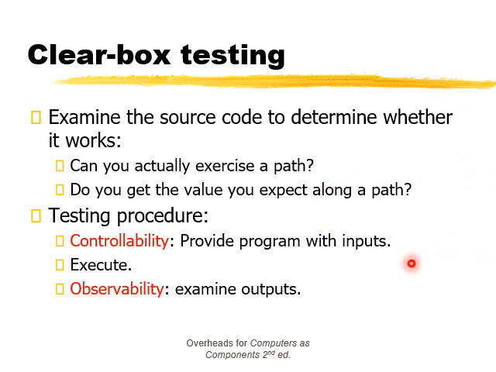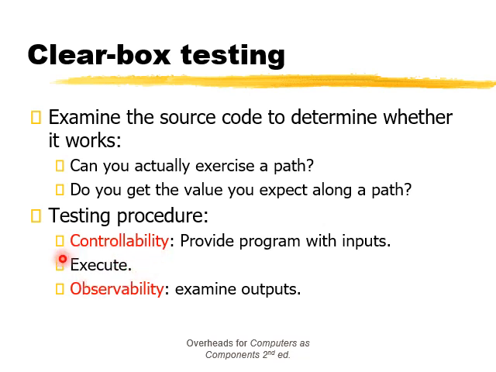Can we actually follow a path? Now, the testing procedure: how can we test that we are exercising a path and getting an expected value along it? The testing procedure includes controllability and observability, and in between them is execute.